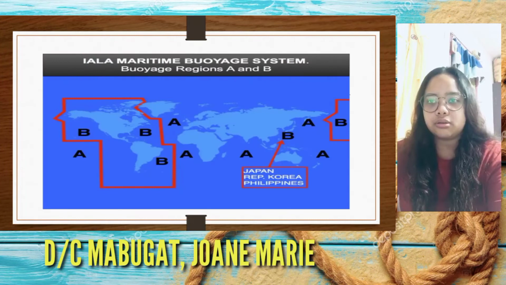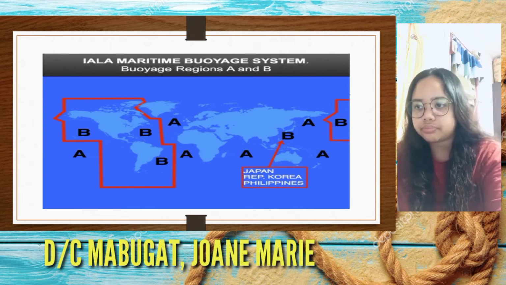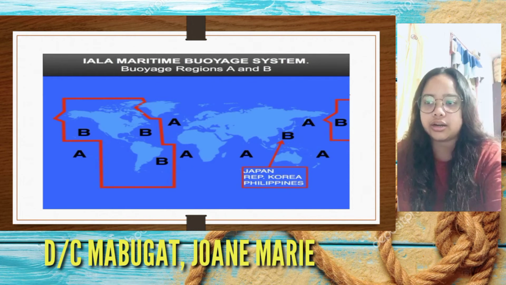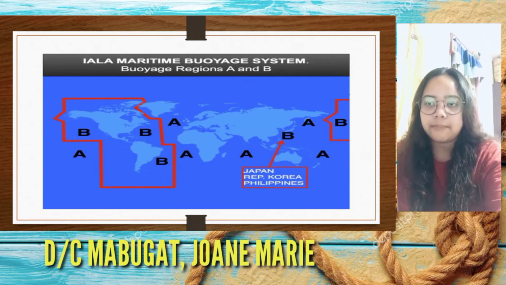The picture shown is the IALA Maritime Buoyage System, that is regions A and B. As shown in the picture, there are letters A and B, and that is how the regions are classified.